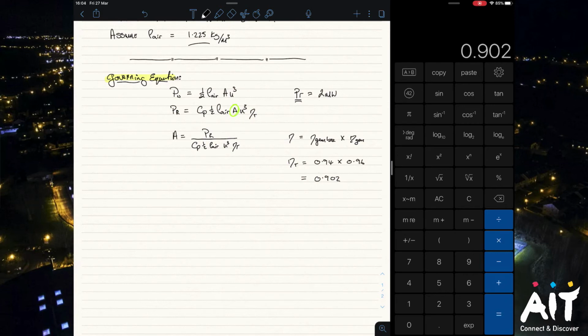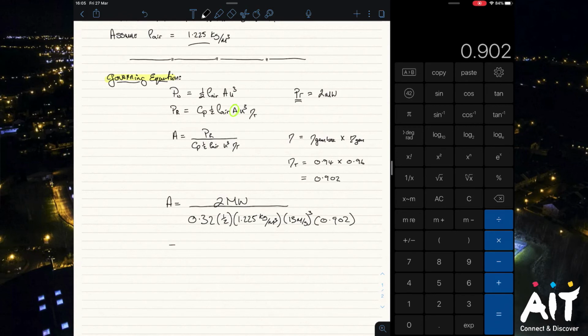Now we're going to fill in the values into our formula. Our area is equal to the rated power, which was 2 megawatts, divided by the coefficient of performance, 0.32, multiplied by a half, times the density of air, 1.225 kilograms per meter cubed, multiplied by the wind speed, which was 13 meters per second, cubed, multiplied by the efficiency, which is 0.902.